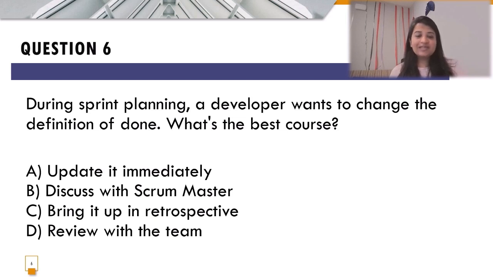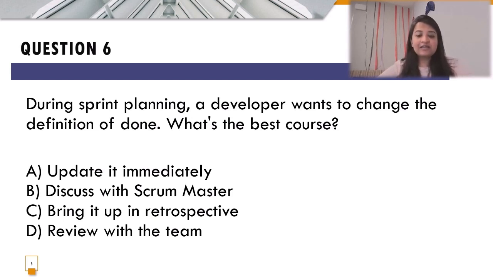Now this is a little bit tricky situation, but understanding PMI's principles, we know that team collaboration is definitely a very essential aspect whenever we are dealing with any agile project. So definition of done should always be team owned and always be agreed on by the entire team. So if the developer wants to change the definition of done in this case, then it has to be agreed upon while discussing or reviewing it with the team members.